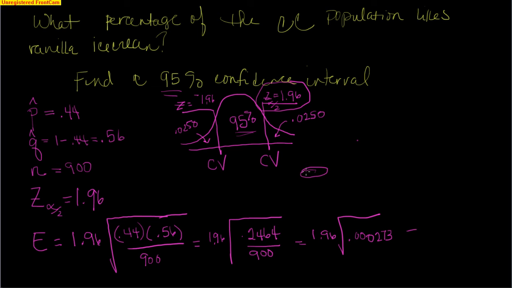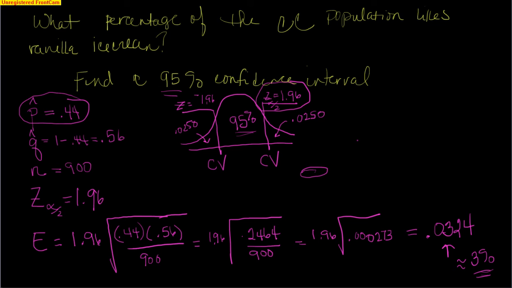You can take that square root and then multiply it by 1.96, and we'll end up with 0.0324. So you have roughly a 3% error. So whatever that p-hat was, that 44% of the sample that liked vanilla ice cream, the true population proportion will lie within right around that 44% plus or minus 3%.